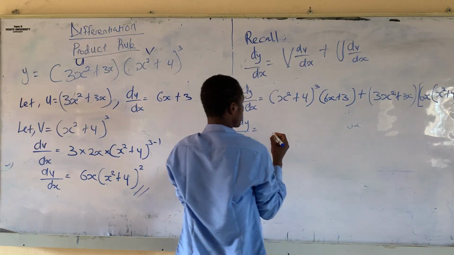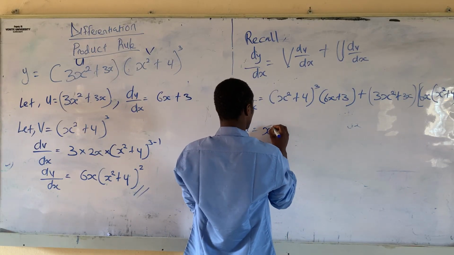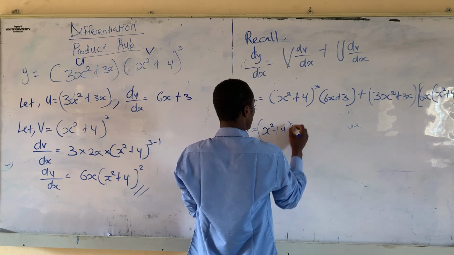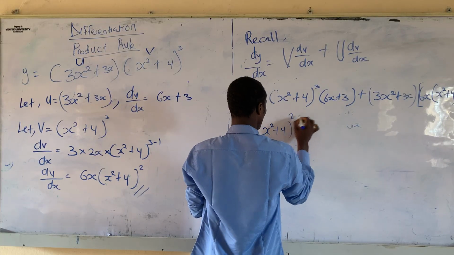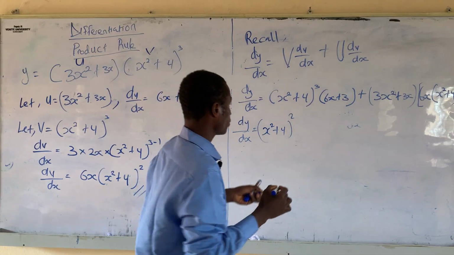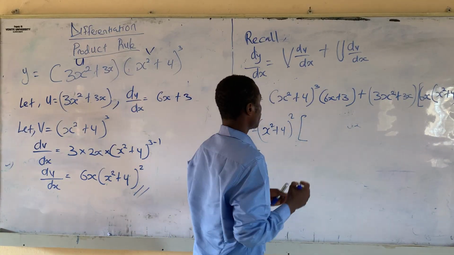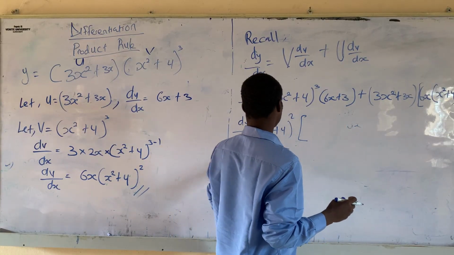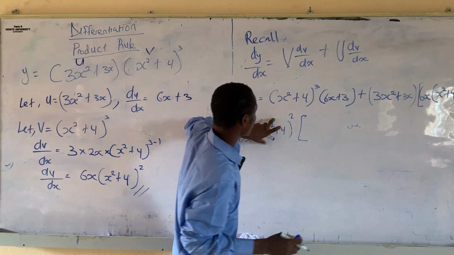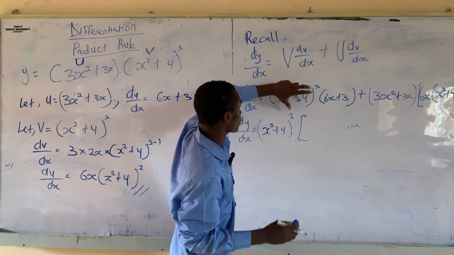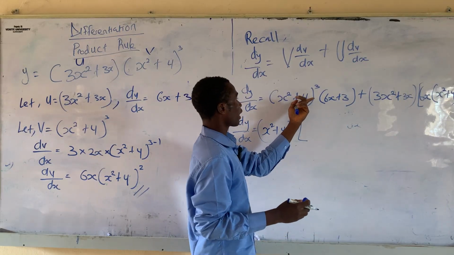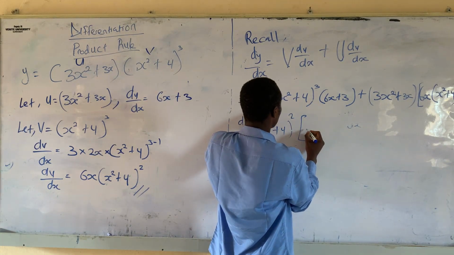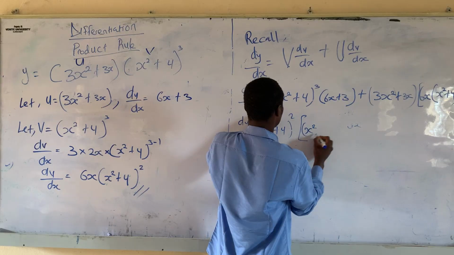Then this divides and cancels this, and it will remain 1. Then this becomes x squared plus 4.